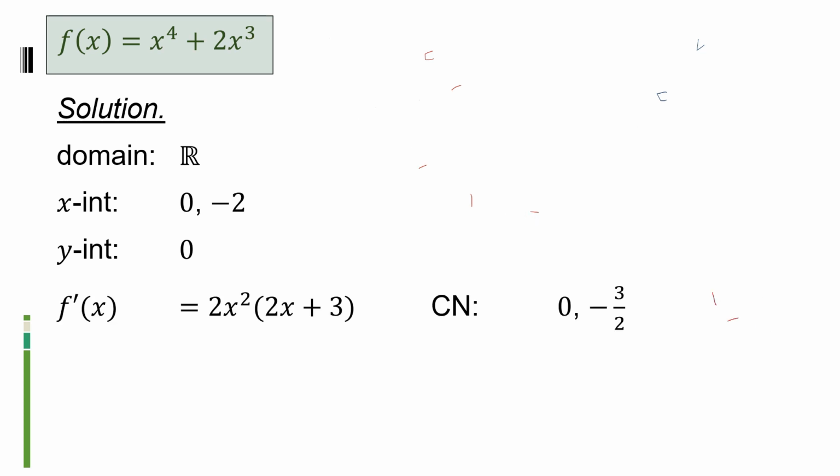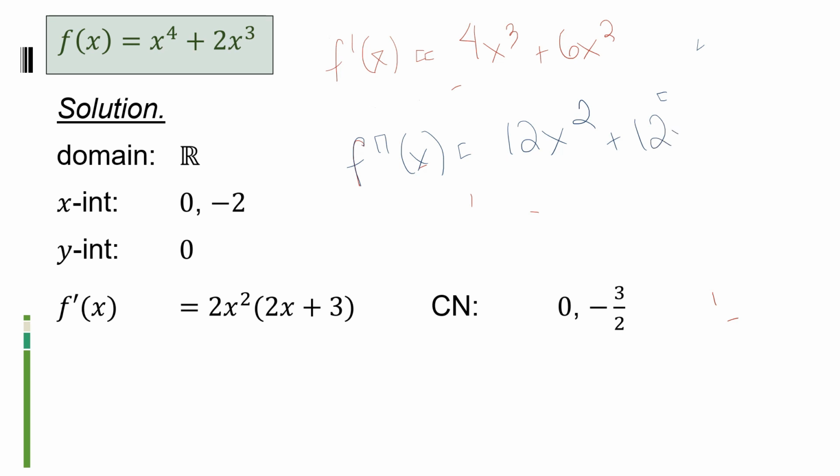And then next, we will find the second derivative. So we have first derivative is equal to 4x cubed plus 6x squared. Para mas madali. So second derivative now is equal to 12x squared plus 12x. So that is 12x times x plus 1. Which now gives us a possible POI to be equal to 0 and negative 1.